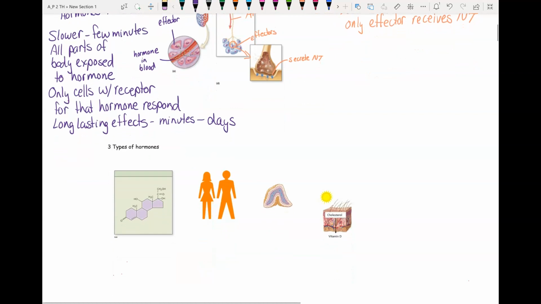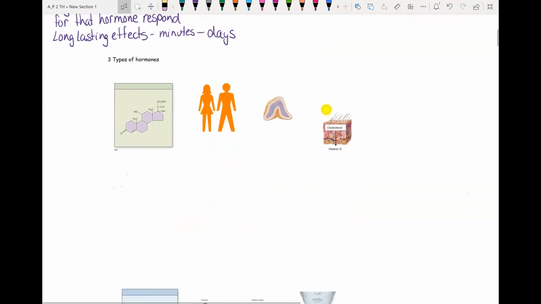Now let's look at types of hormones. You have 3 main types of hormones in the body. The first type of hormone is steroid. Steroid hormones are made from cholesterol. So you eat cholesterol, it's part of your food.